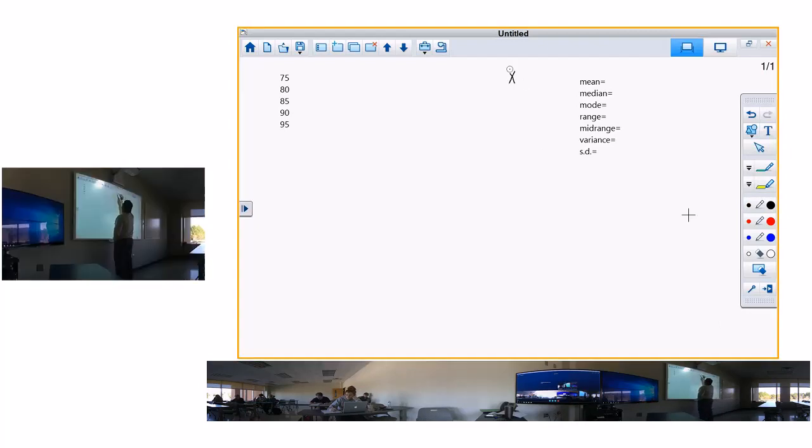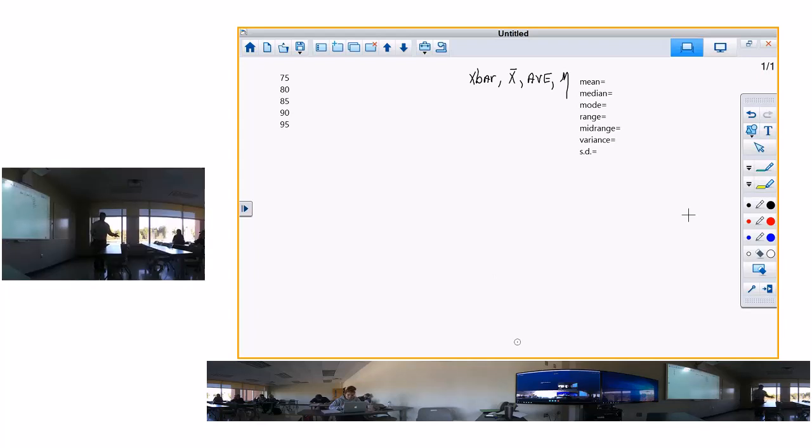I write it out as a word because the symbol doesn't look right in the Excel spreadsheet, and you have to import it in. It's also called the average, and from a population standpoint, it's mu. So you may see the average written several different ways, but that's what it is.